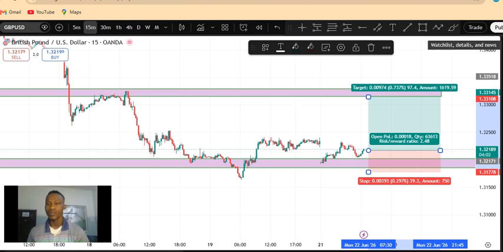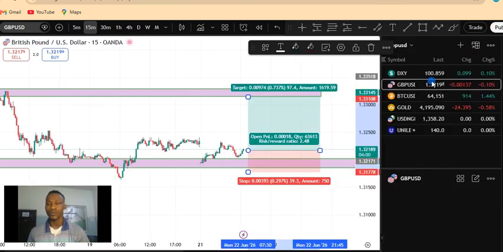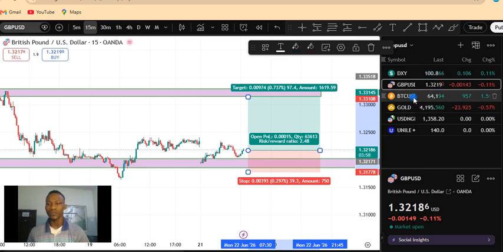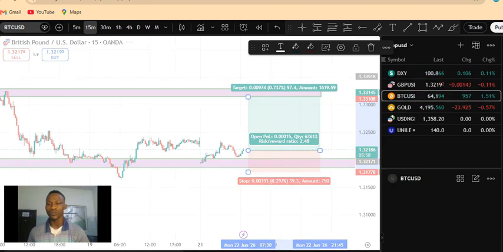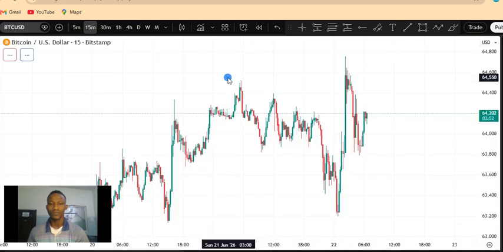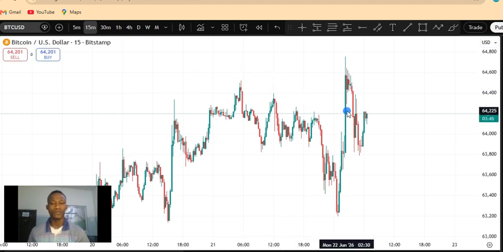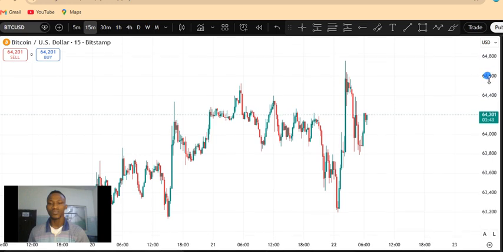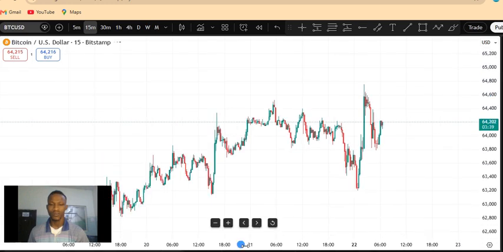Now let's go to the next one, where we focus on BTC first before gold. BTC is somehow similar to pound dollar.